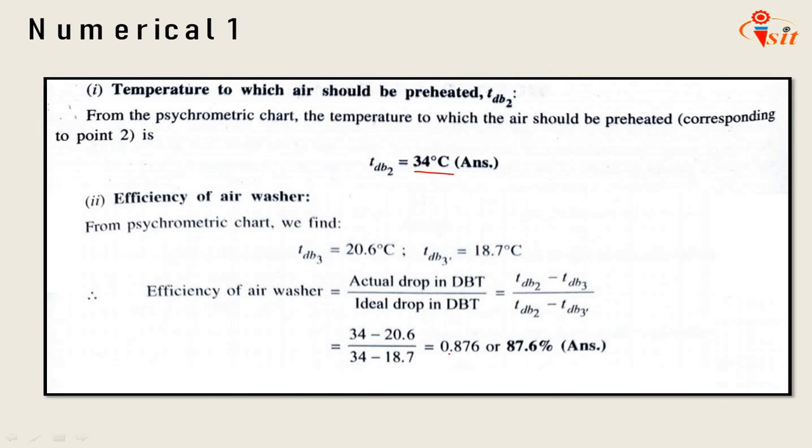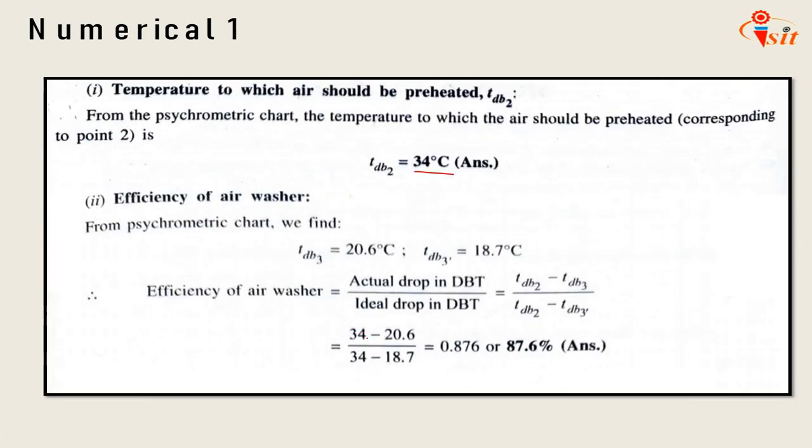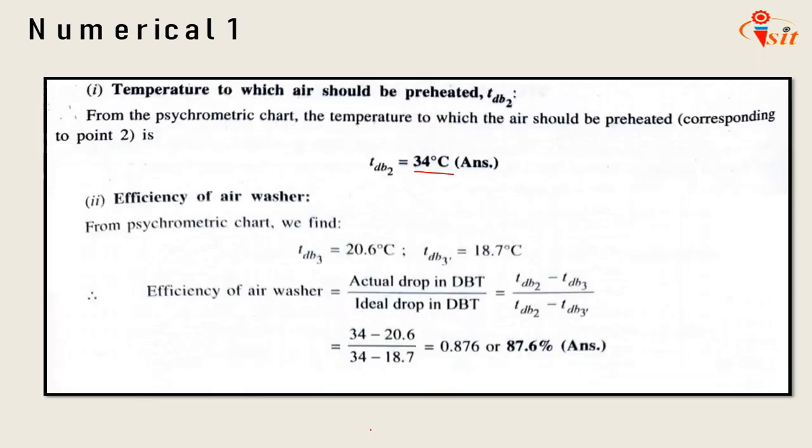The second one, efficiency of air washer. From the psychrometric chart we have found TdB3 here at point 3 as 20.6 degrees Celsius and TdB3 dash as 18.7 degrees Celsius. Now what will be the efficiency equation? Actual drop in DBT divided by ideal drop in DBT.